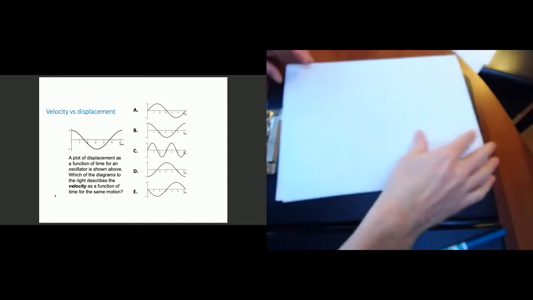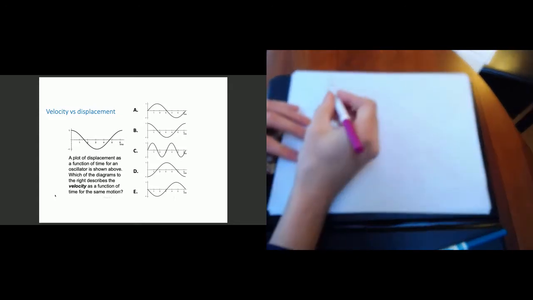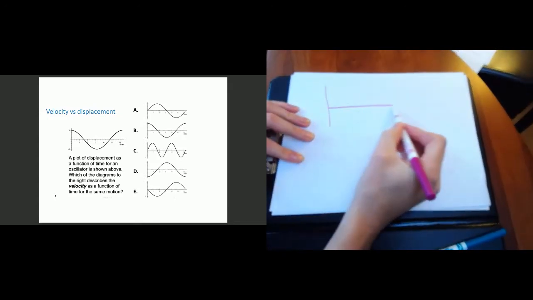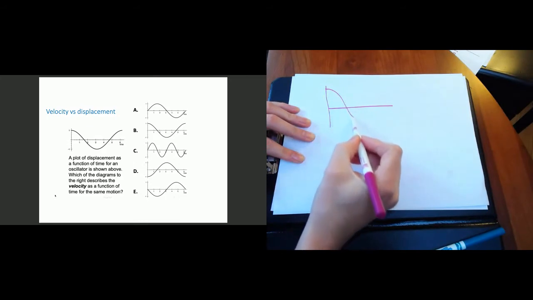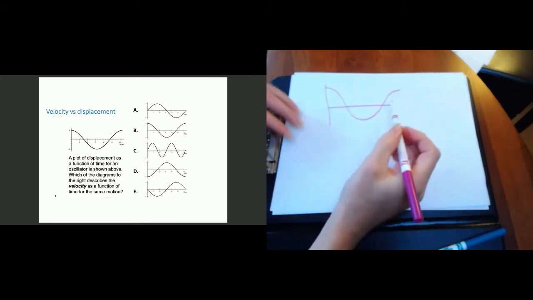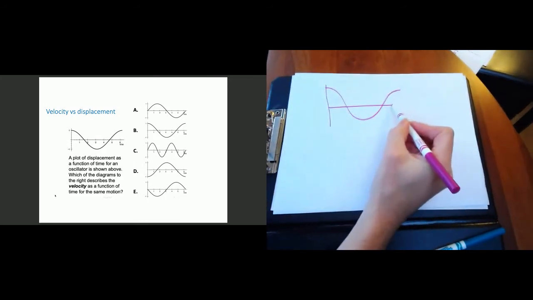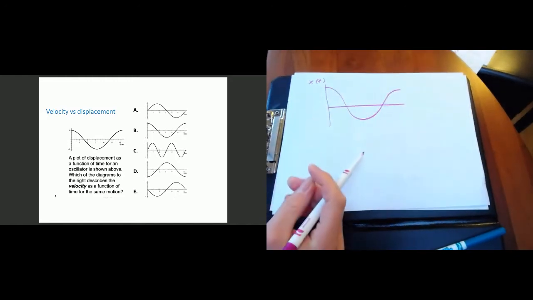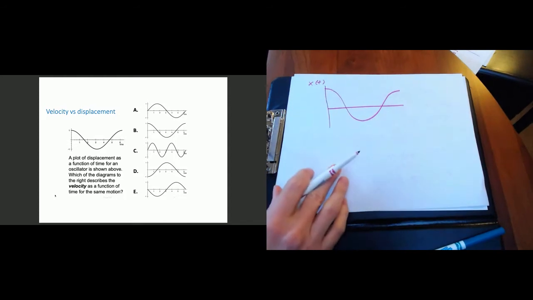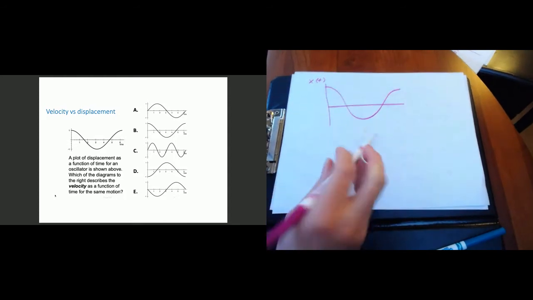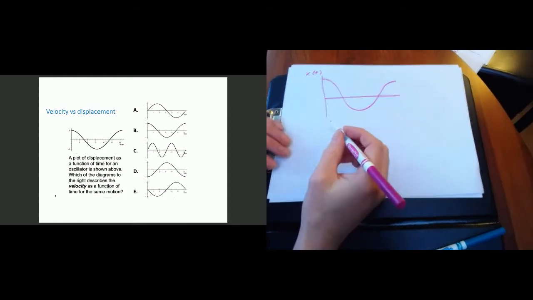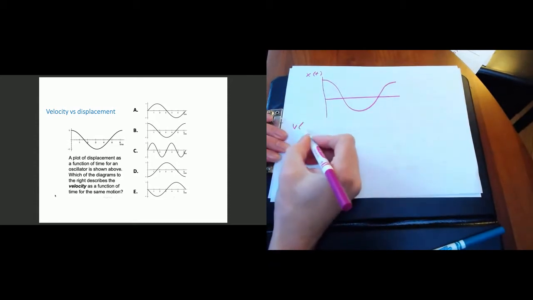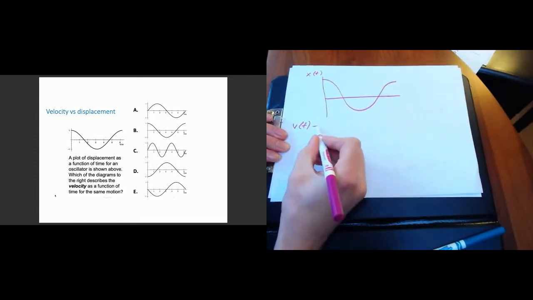Let me use the back side of the paper here. All right, so here's the graph of position versus time. It actually looks like a standard kind of cosine function, no phase shift in this case. And we want to know what the velocity as a function of time is.